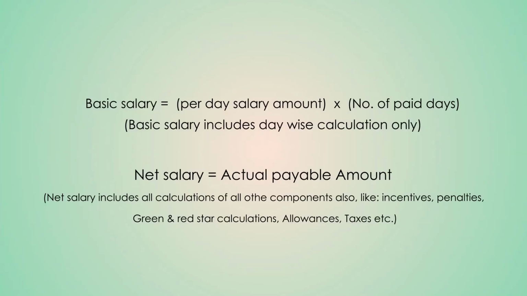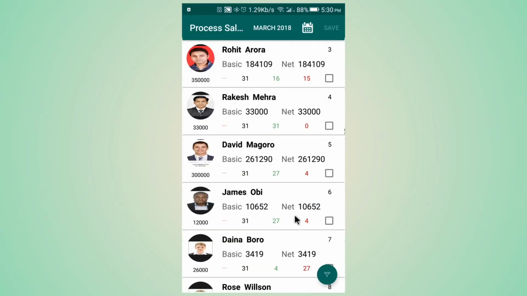Then, this salary is paid days multiplied by per day amount is equal to basic salary, and net salary is after calculation of all other salary components, like incentives, penalties, green and red stars, bills, taxes, etc. The net salary is the actual payable salary for the month.